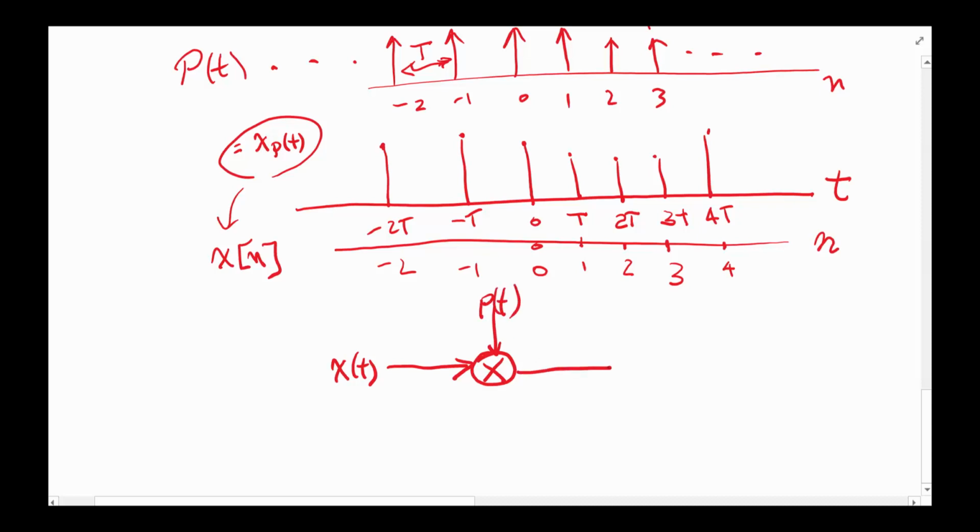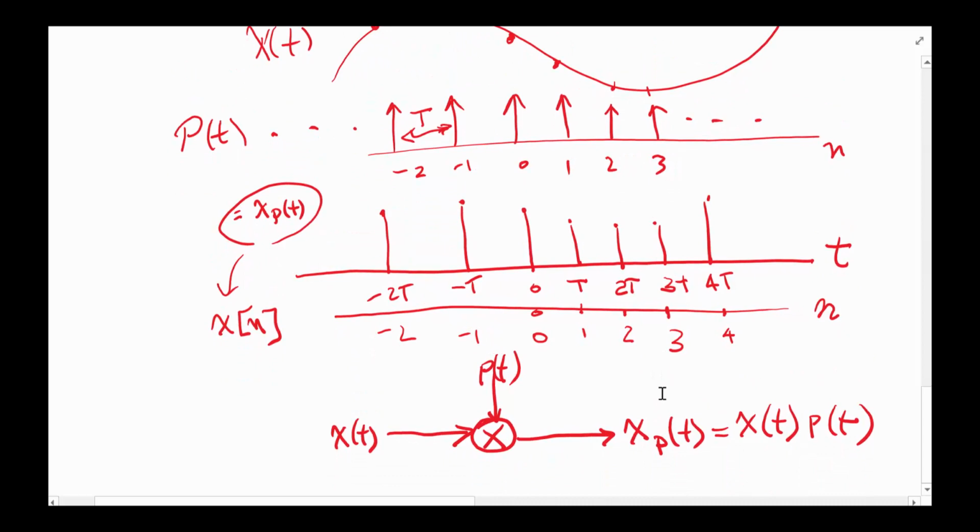And what came out of this multiplication was xp of t, which is the sampled value of x of t, which is simply the multiplication of x of t and p of t. All right. So that's what we are doing.